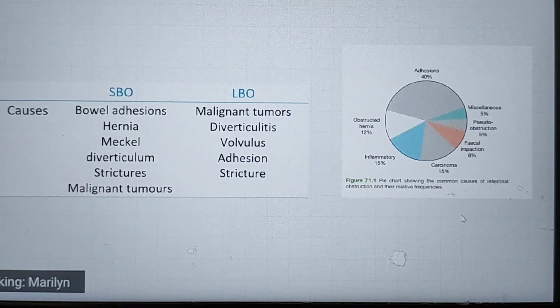Based on the literature, hernia is the more common cause in developing countries, while in developed countries, bowel adhesion is usually the most common cause of small bowel obstruction.